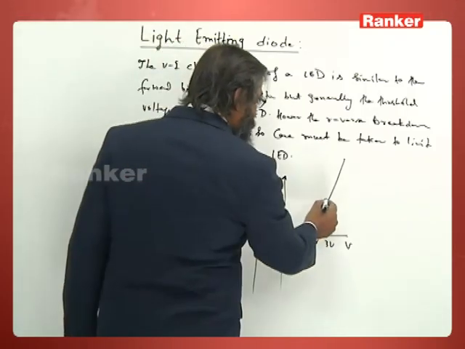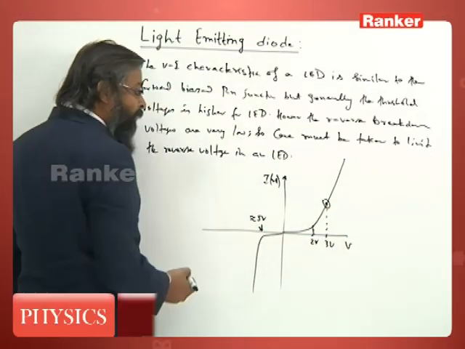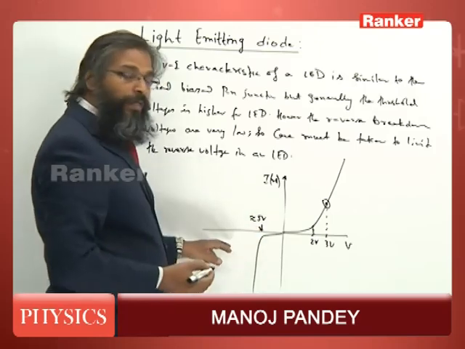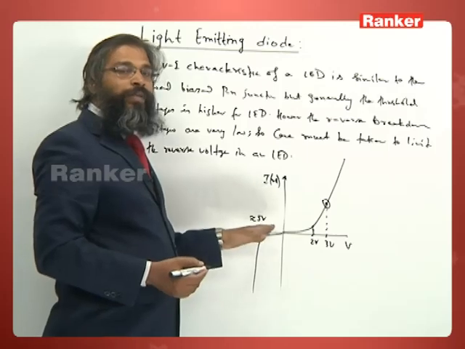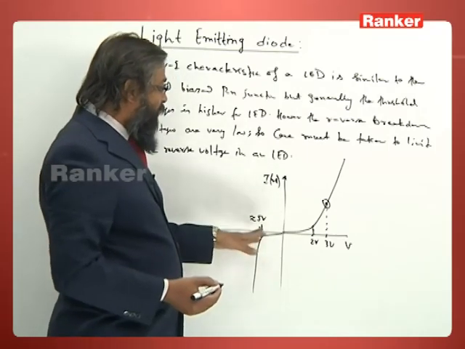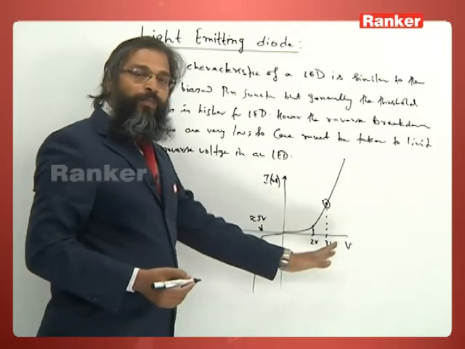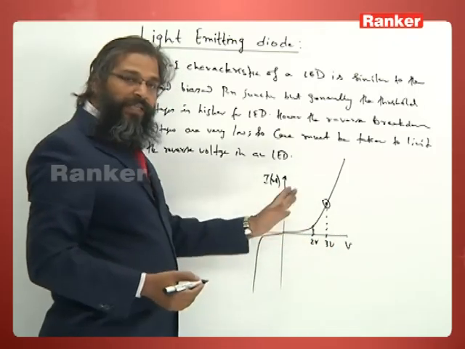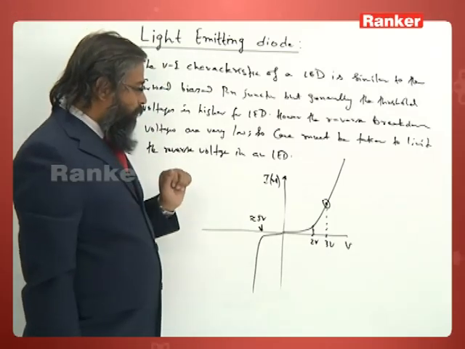So we must give a proper bias, and we must not give more negative bias. For normal diodes it may be 20 volts, 70 volts, 40 volts, but here it is of the order of 5 to 6 volts. So reverse bias should be less for an LED, and forward bias should be somewhat more than for conventional PN junction diodes. So this is how it works.